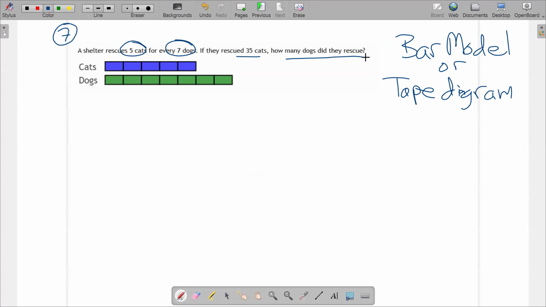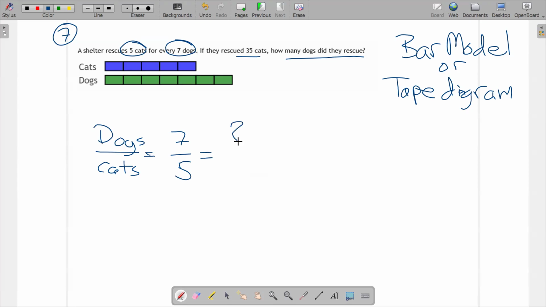So a couple ways to solve this. One would be to just set up a proportion, where I would write something like, what's the missing thing? Cats or dogs here? Dogs. So since dogs are missing, I would write dogs over cats instead of the other way around, because it's going to be easier to solve. And then initially they told me that there are 7 dogs for every 5 cats.